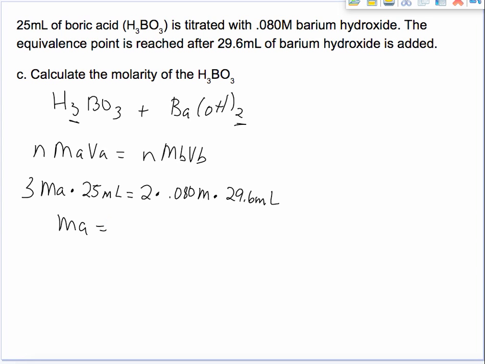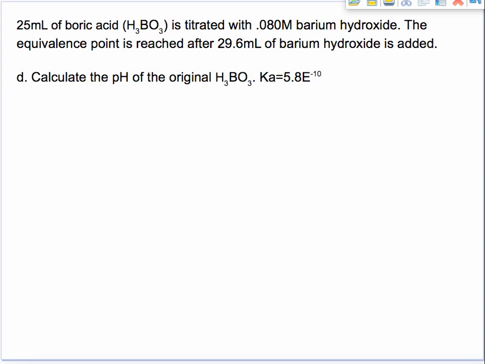So if you do all that work, you should get that the molarity of your acid is 0.063 molar. I tried to keep 2 significant digits because that's what's given in the problems as the least. Okay, let's go on to the next problem here. Okay, so it says calculate the pH of the original H3BO3.